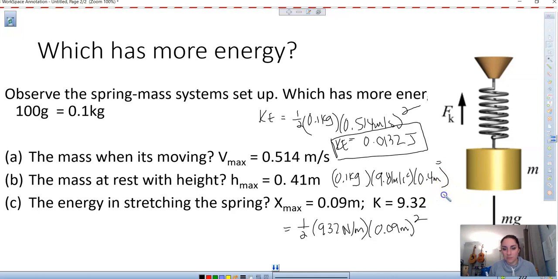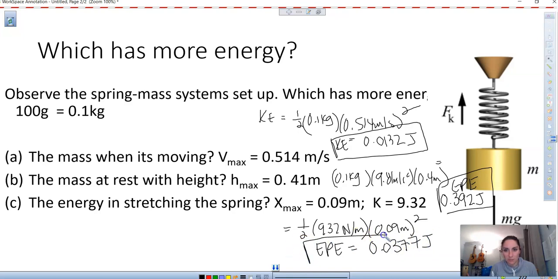This one, I'm running out of space, gives me 0.392 joules of gravitational potential energy. Oops, that's not a B. Let's use a P. There we go. And then this one, 0.5 times 9.32 times 0.09 squared, we have 0.0377 joules of elastic potential energy.